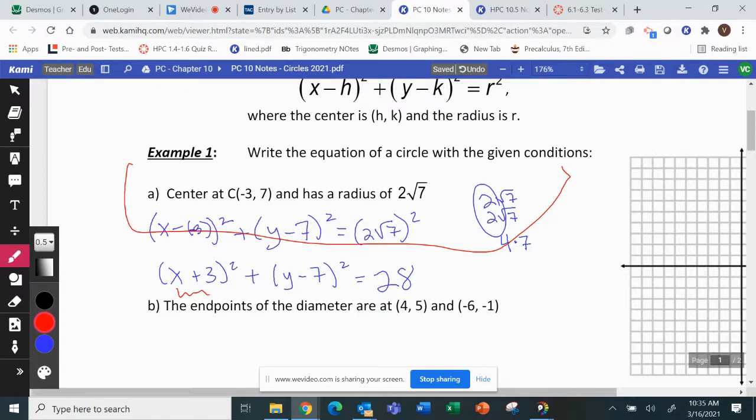John? And it's negative. How do you know that? It's plus 3. Right. That's perfect. It's going to be the opposite of plus 3 because it's in those parentheses. We're going to use the opposite of plus 3. So our h would be -3.